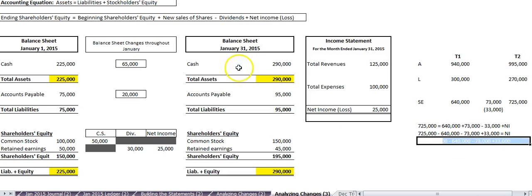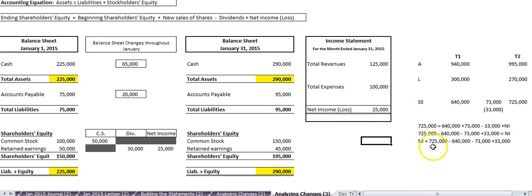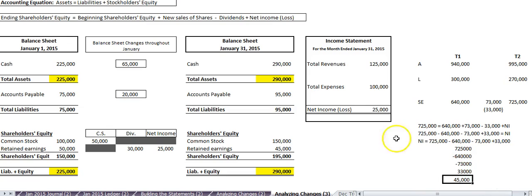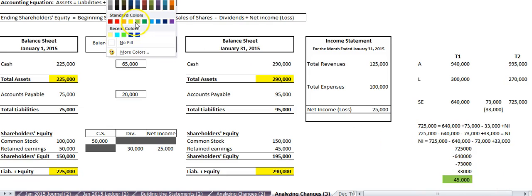And just to make it easier to see, let's put the net income on this side and that on this side without changing signs, because I'm just rewriting it differently, right? So net income equals 725 minus 640 minus 73 plus 33. And so what is net income? If we do that here, we will get the answer, which is 45,000.